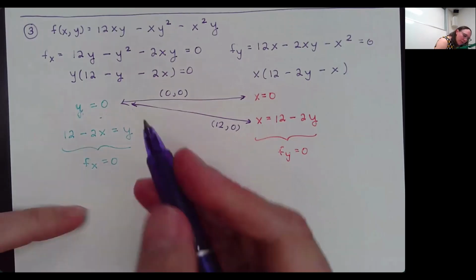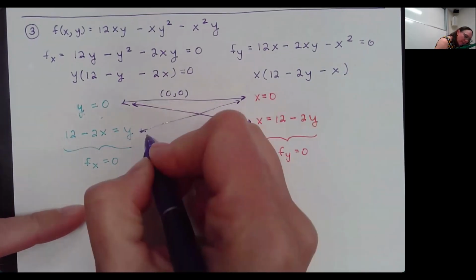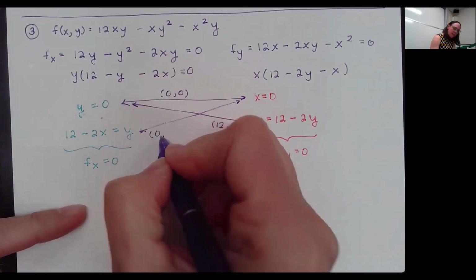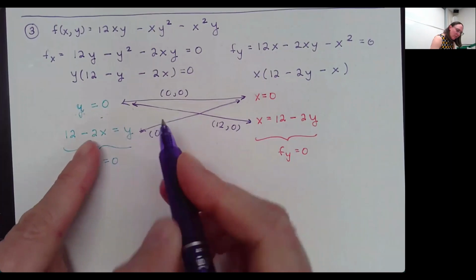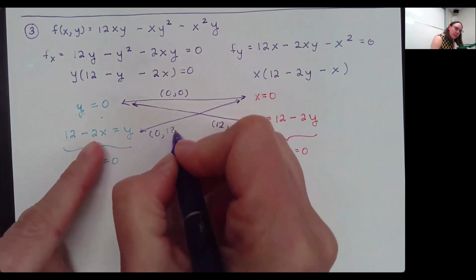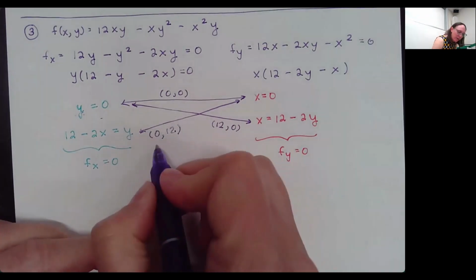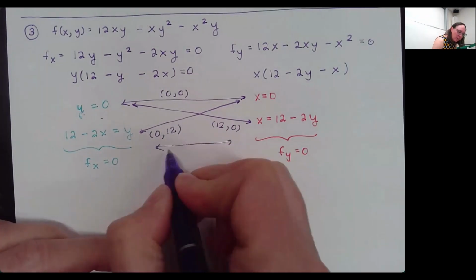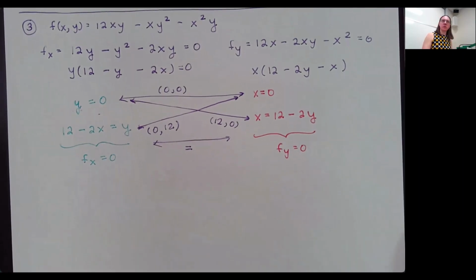So if I were to match these two up, that gives me the critical point 0, comma, and so here, if I plug in 0 for x, I get 0, 12. And then the one that's going to require a little bit of work is the bottom two, where I actually have to solve a system of equations.